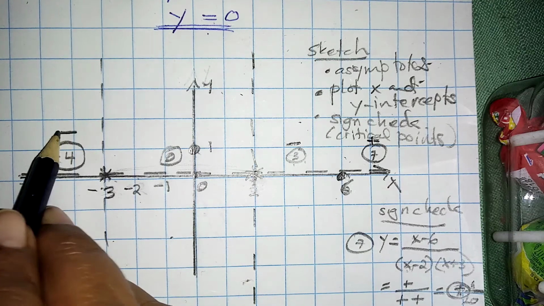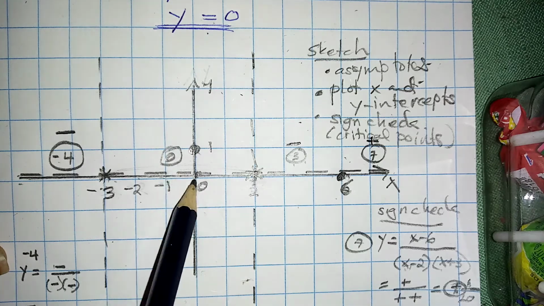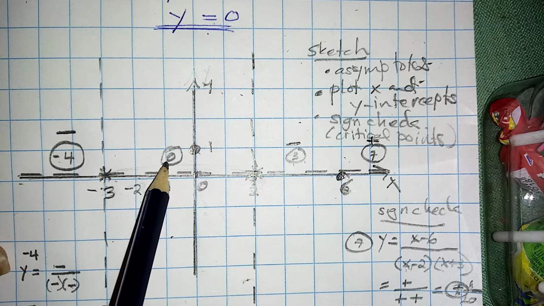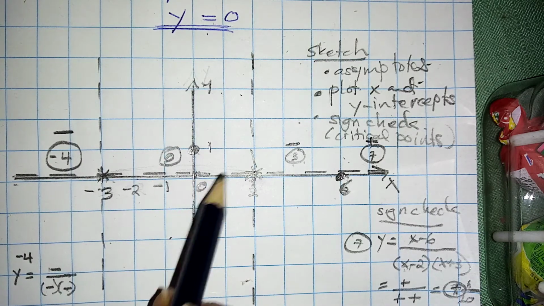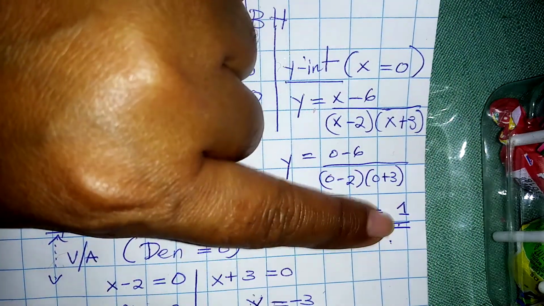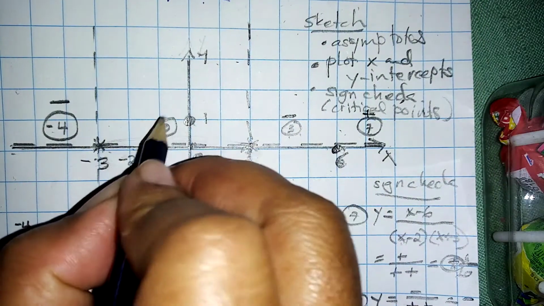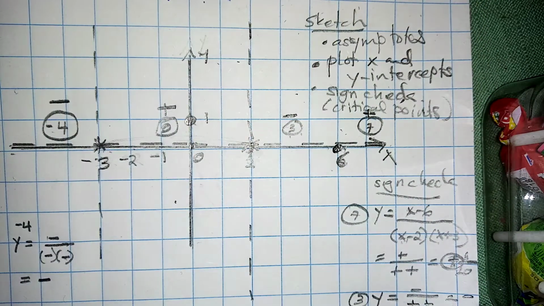So I'll put a negative here. Now for 0, it'll be positive because you already replaced x equals 0 into the expression, and the answer is positive 1. That's why I choose 0, because that's the y-intercept. So I put a plus here.